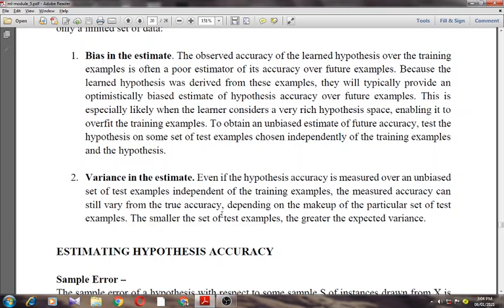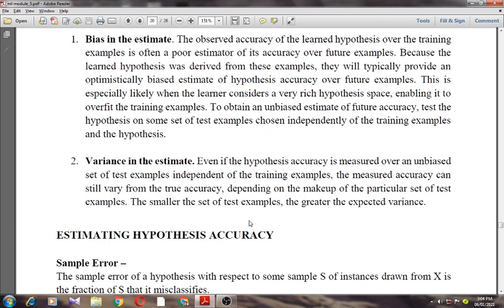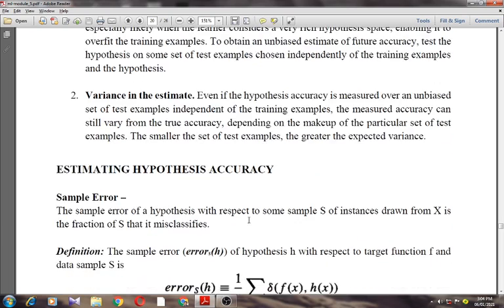The literature on statistical tests for hypotheses is very large, so this chapter provides an introductory overview that focuses only on the issues most directly relevant to learning, evaluating, and comparing hypotheses. So, this is all about the motivation part.